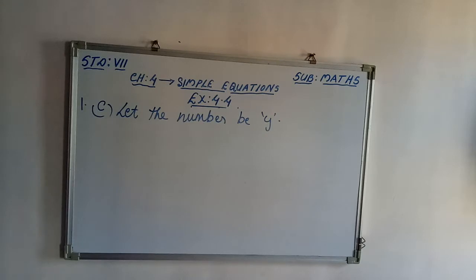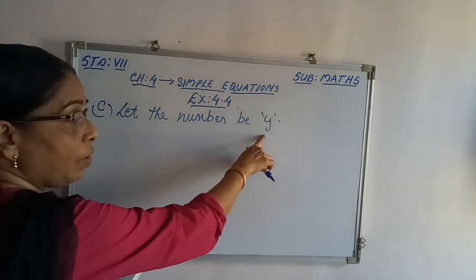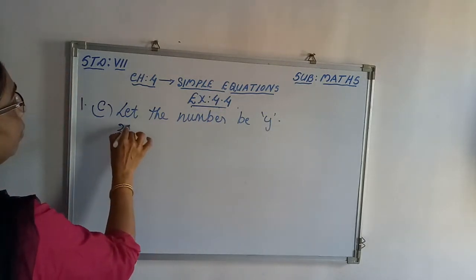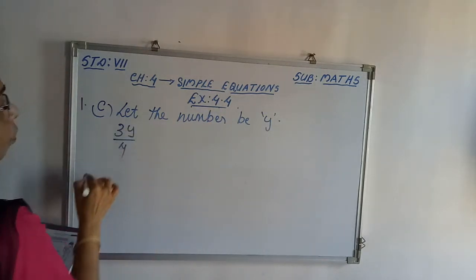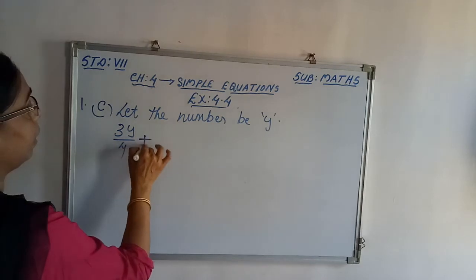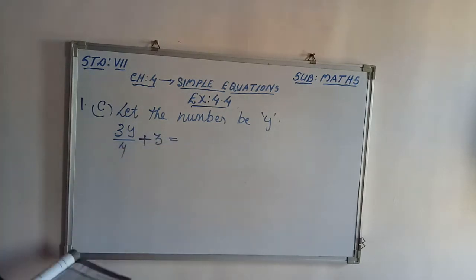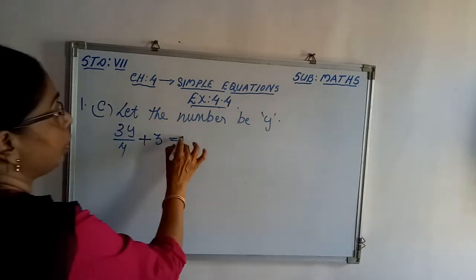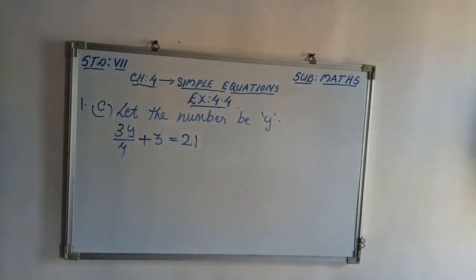According to the given condition, if I take 3/4 of a number, how can you write 3/4 of the number? The number is y, 3/4 of the number means 3y upon 4. Add 3. What answer will you get? Then 21. Okay. This is the equation, now solve it.